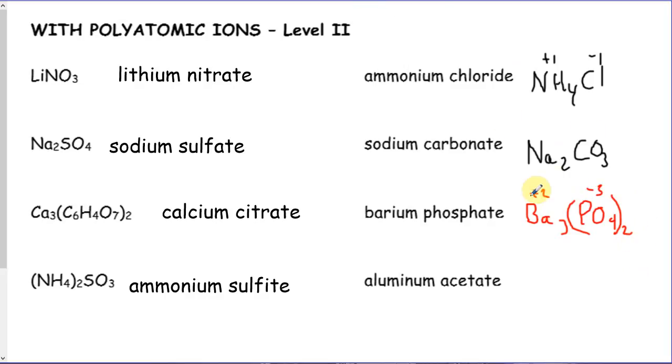Now, if you go through here and do the total charges, I have 2 phosphates with a -3 charge, so the total charge is -6, and I know all of this has to add up to 0, and I have 3 bariums with a +2 charge, and the total charge of all the bariums is now +6. +6 -6 adds up to a grand total of 0.